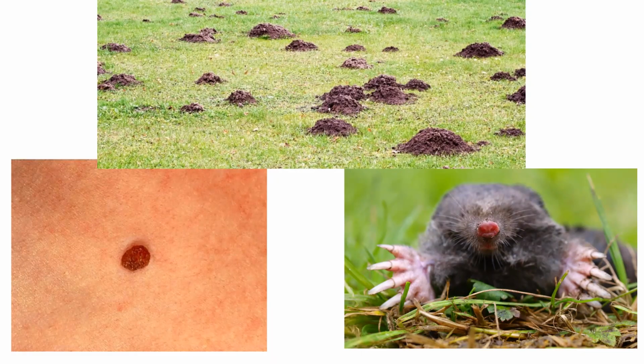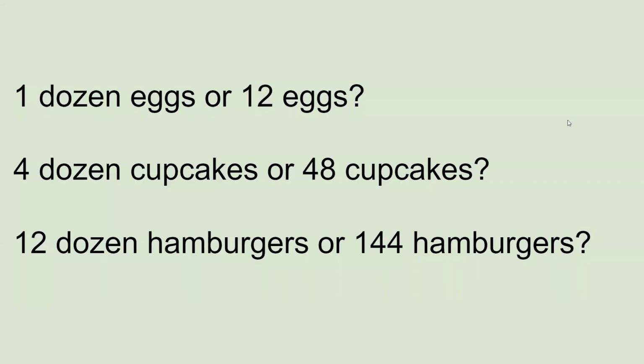But the mole that we're going to talk about today is different. So I have a question for you. Would you rather say a dozen eggs or 12 eggs? Would you rather say 4 dozen cupcakes or 48 cupcakes? Would you rather say 12 dozen hamburgers or 144 hamburgers? So a dozen is just a quantity that means 12, right? Dozen means 12.